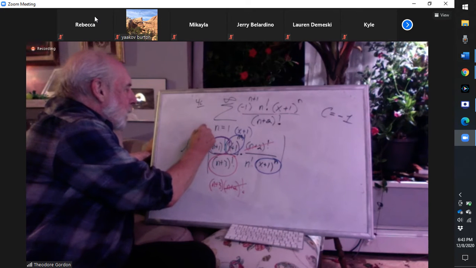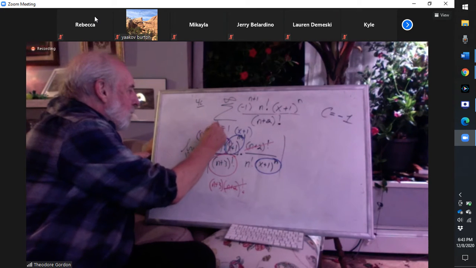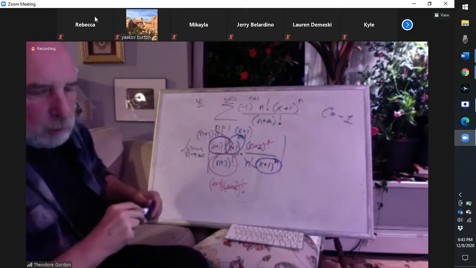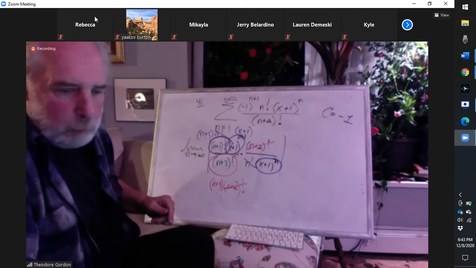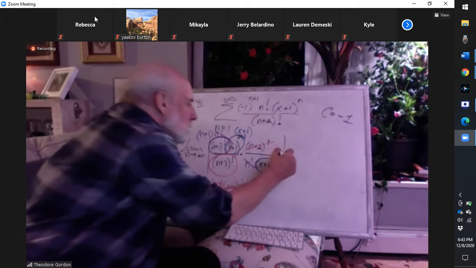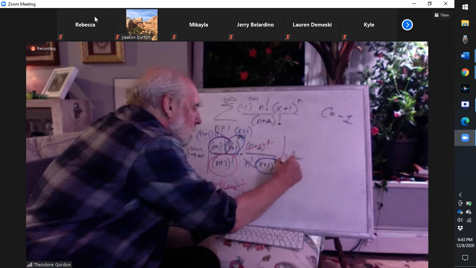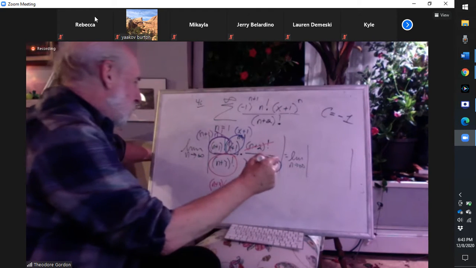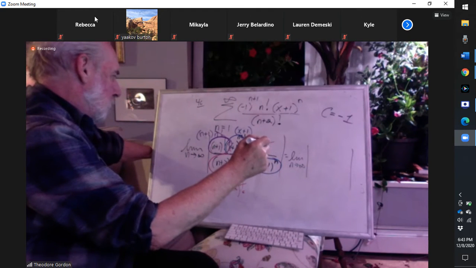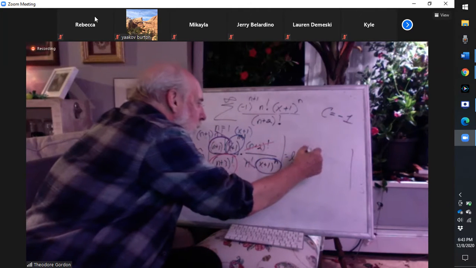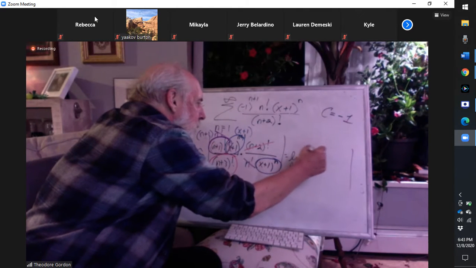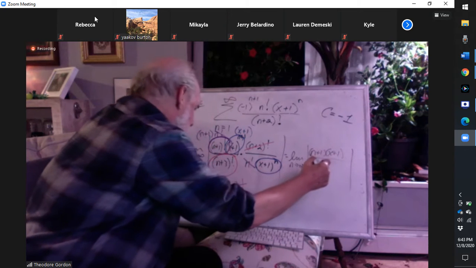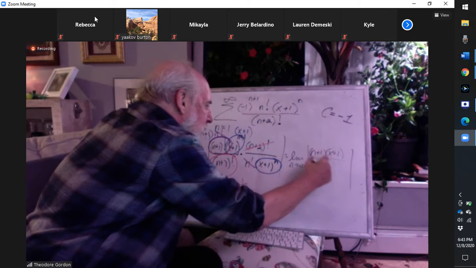That becomes n plus 1 times n factorial, which cancels out with that one. So what we're left with is n plus 1, x plus 1 to the first over n plus 3, I think.